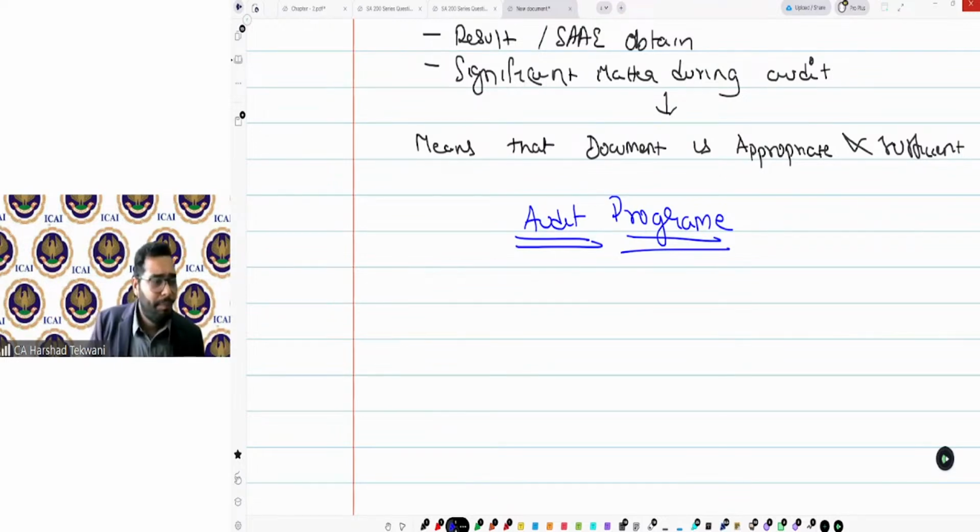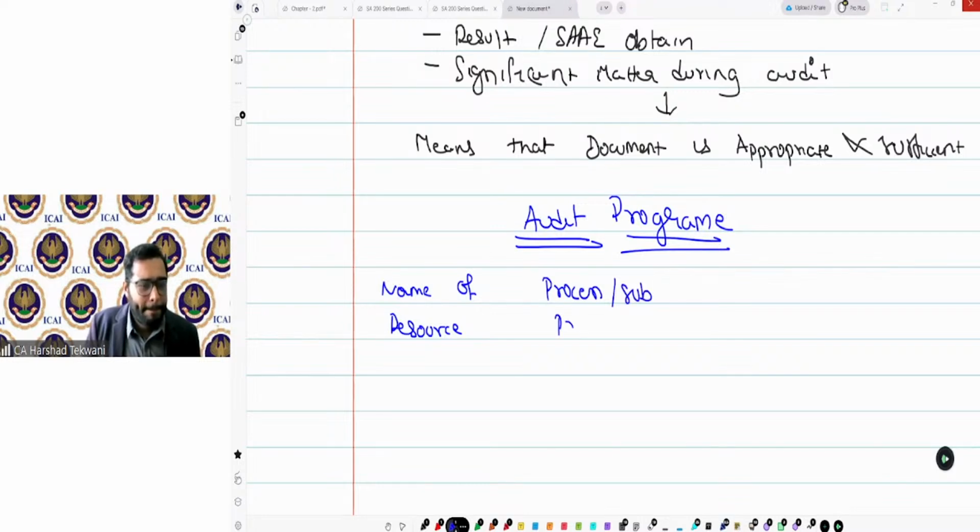One, for example, name of resource, process / sub process, risk, control, and substantive testing, substantive procedures.